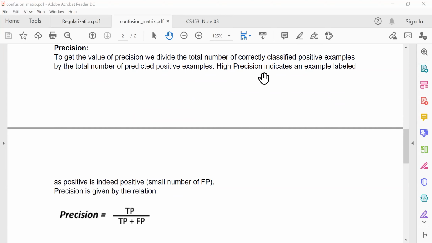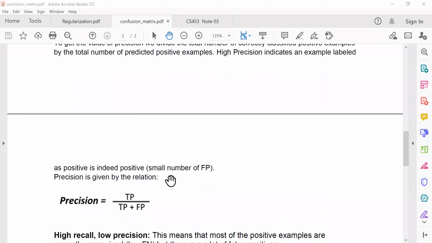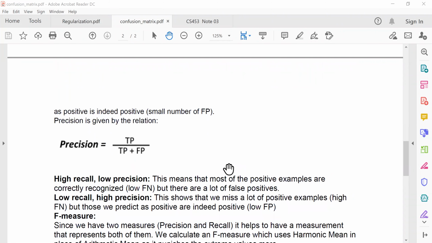If this number is high, that tells us the examples labeled as positive are indeed positive, because you have a small number of false positives. So this is precision.